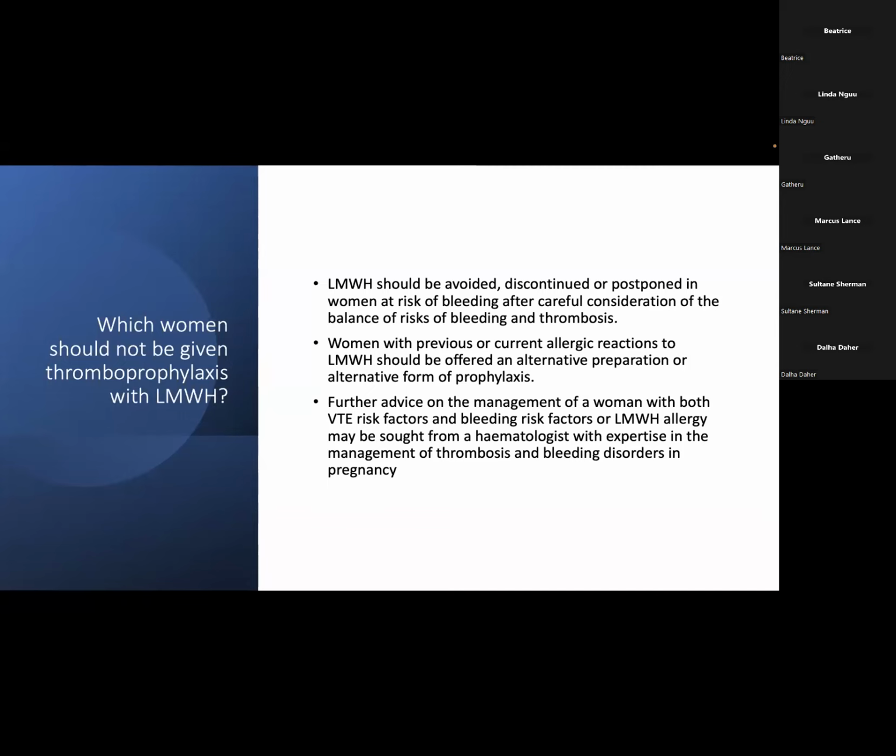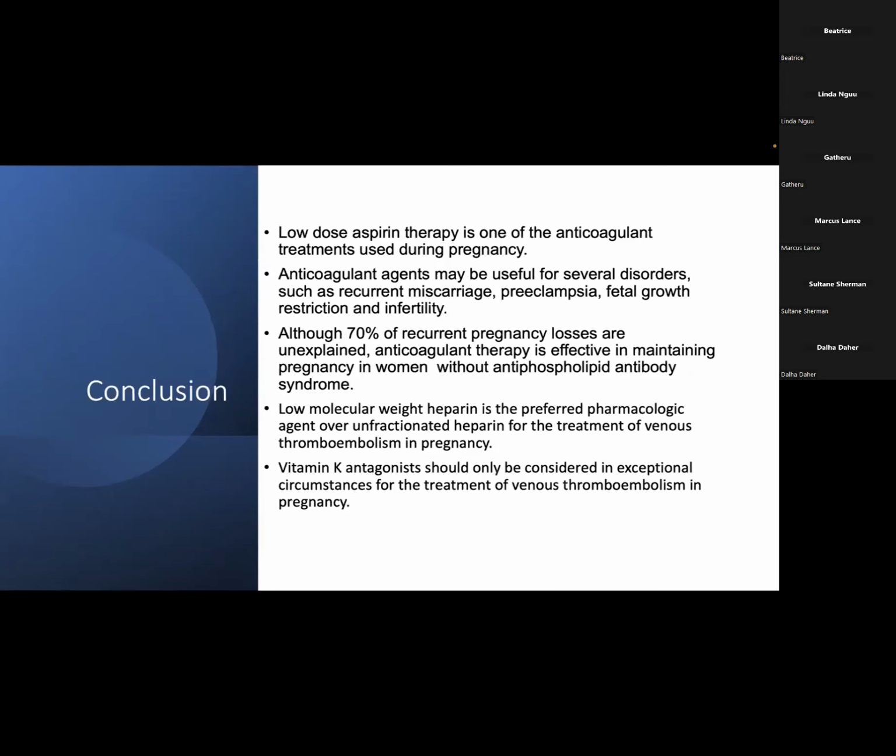Further advice on the management of a woman with both VTE risk factors and bleeding risk factors or low molecular weight heparin allergy may be sought from a hematologist with expertise in management of thrombosis and bleeding disorders in pregnancy. So always work as a team. You have the obstetrician, you have the hematologist, and you have yourself, so that you consider everything together in total.